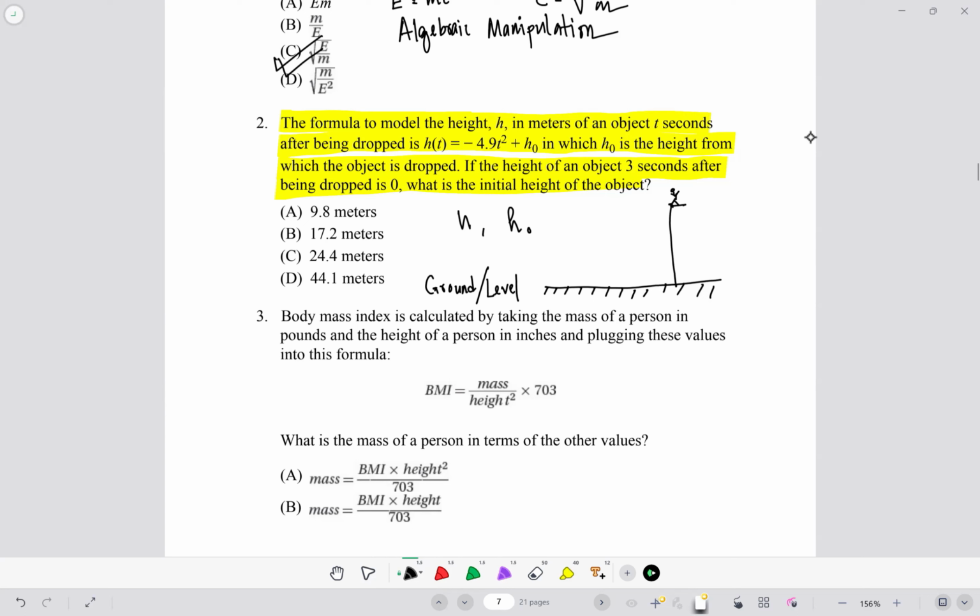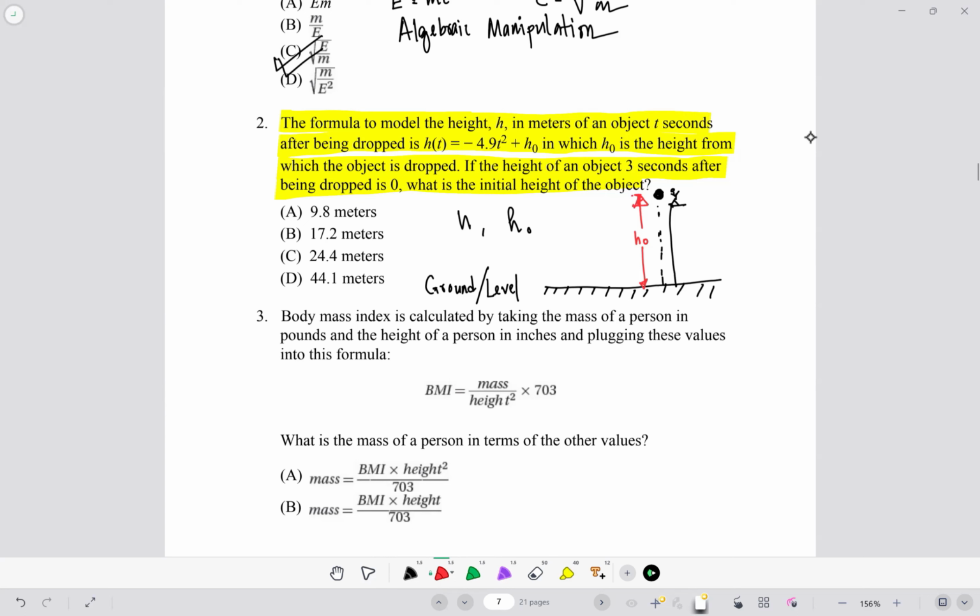Someone here just dropped an object from this point. This is the object. The object is falling from here. So this distance is called the h naught.